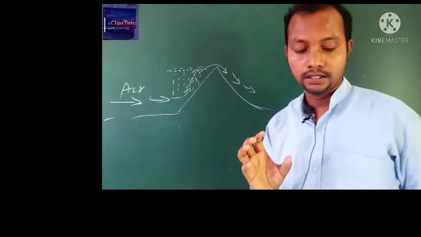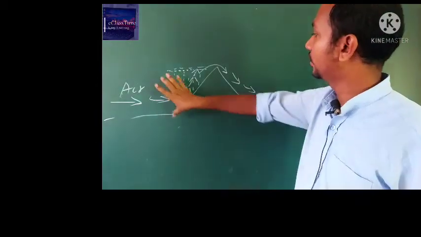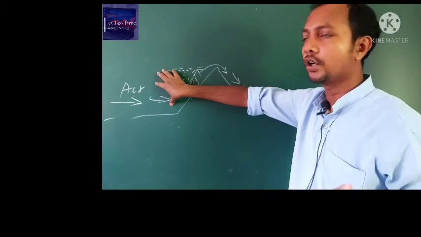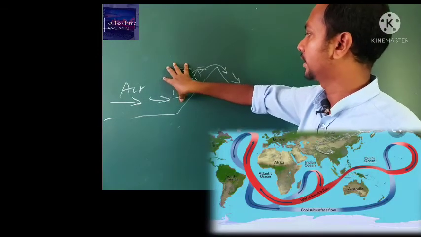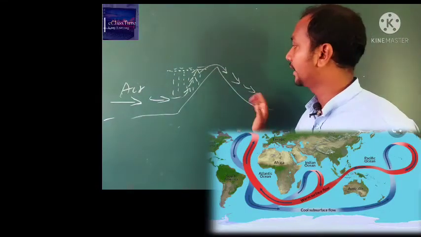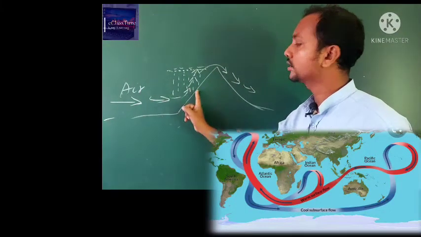So because of this hill, this side is experiencing rain. We are not learning about orography here, of course, just explaining. This side is experiencing rain. This is the windward slope, because the wind is coming from this side.